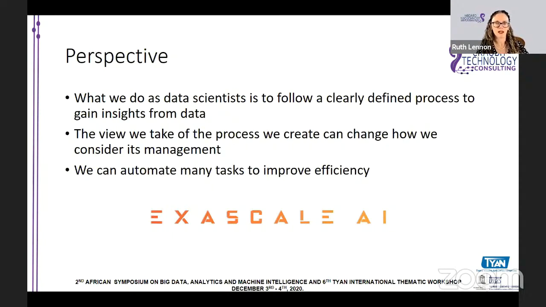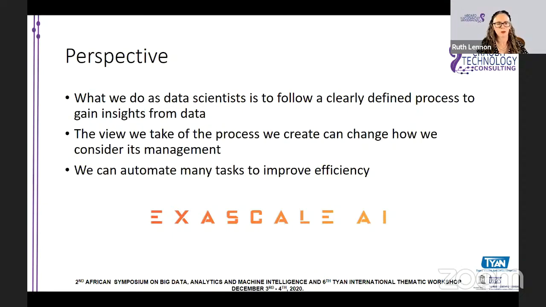We have a special way of looking at things in order to gain our insights. The way we view the data, the way we view the information is what makes it interesting. It's what brings that extra value to the business. And we can automate most of these tasks. We automate them using DevOps, and that's what helps us focus our time specifically on the problem area.